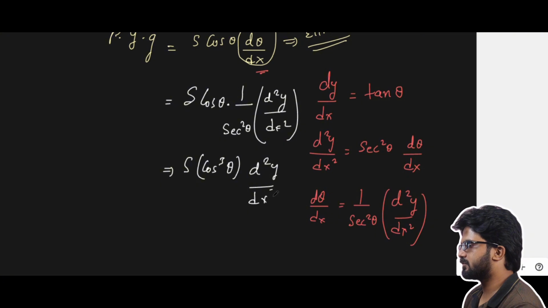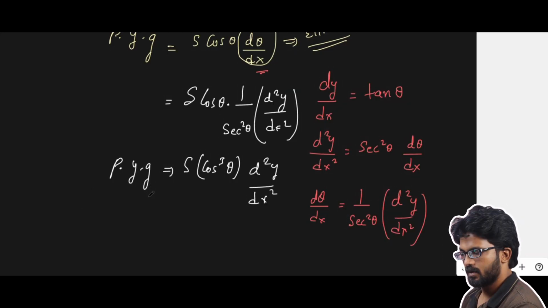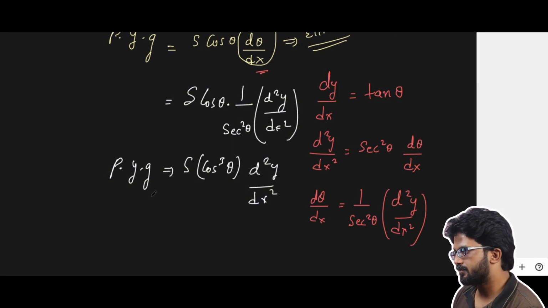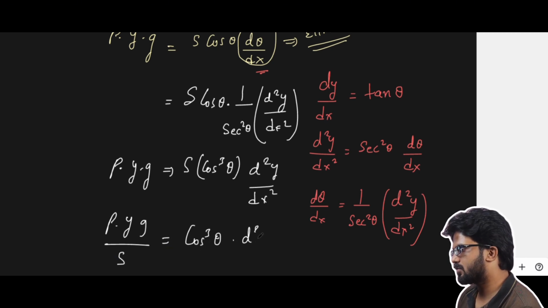This is the same equation of curvature that we computed in our last video. We have computed it directly, and it is equal to rho y times g. So we can easily compute rho y g divided by S is equal to cos cube theta multiplied by d square y by dx square.